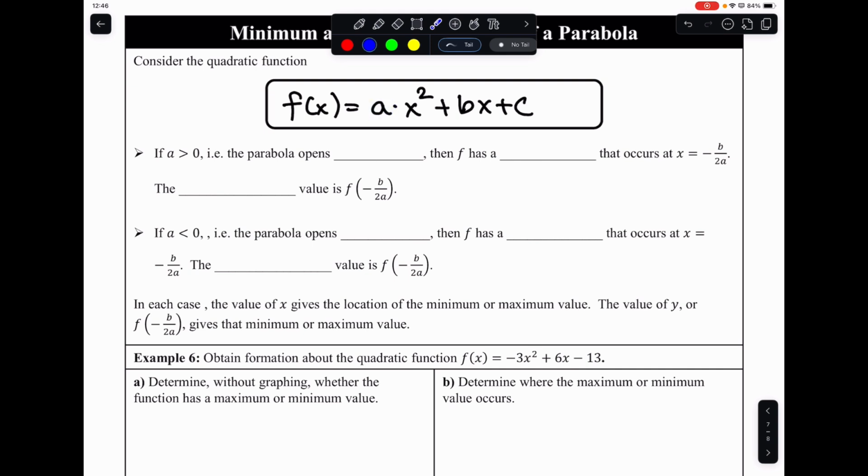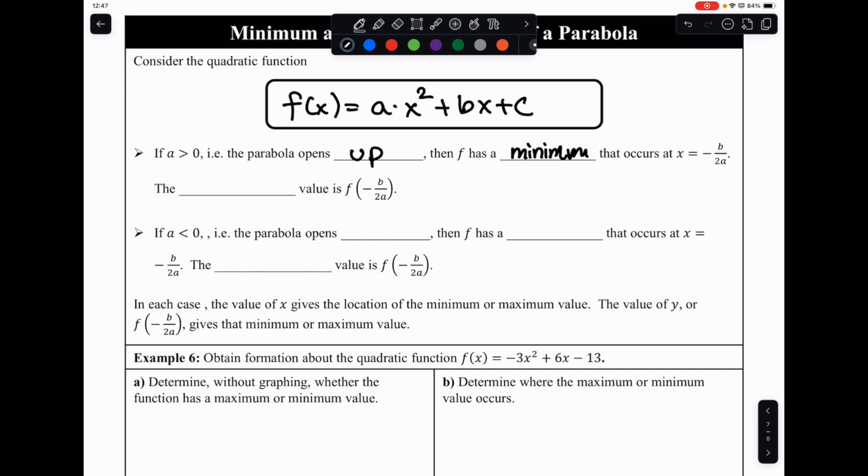It tells me if it's going to have a maximum or minimum value. If the value of a is positive, then the parabola opens up, and the function f of x is going to have a minimum that's going to occur at negative b divided by 2a.